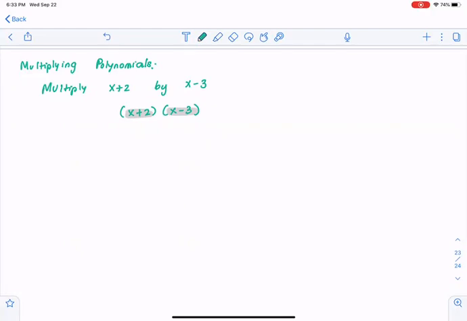What we're doing when we're multiplying is merely distributing each term from the first polynomial into the second polynomial. So I'm going to give you a minute to multiply these two using FOIL. Once you're done, type it in the chat and I'll show you the other way of doing this.